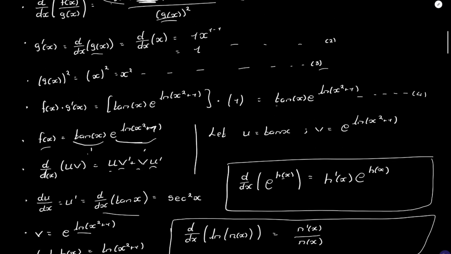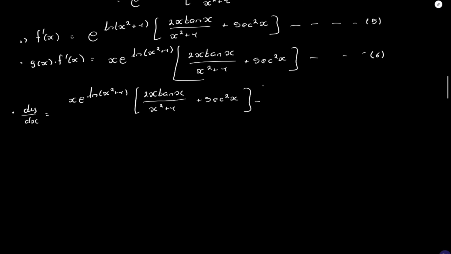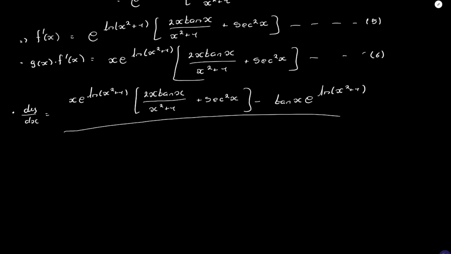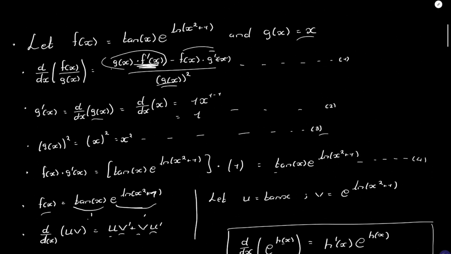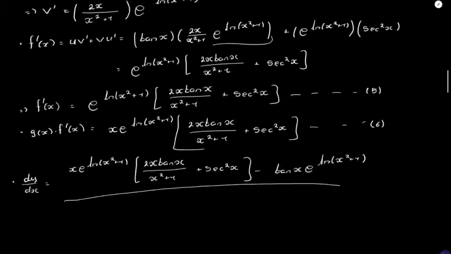F of x g prime of x was this term tan x e to the ln of x squared plus 1 minus tan x e to the ln of x squared plus 1, all divided by g squared. And what is g squared? G squared is x squared.